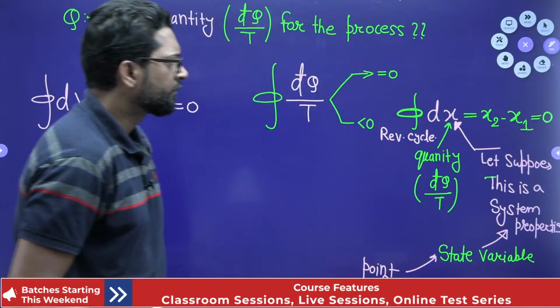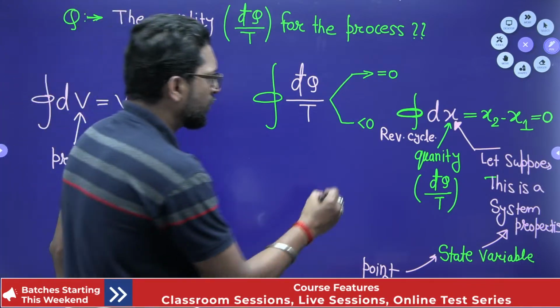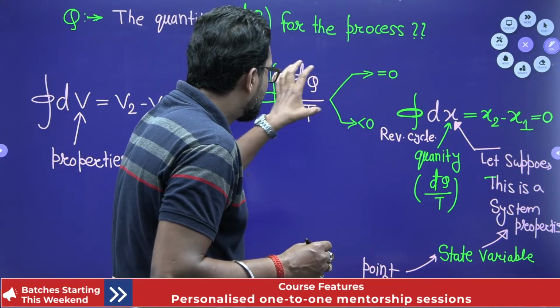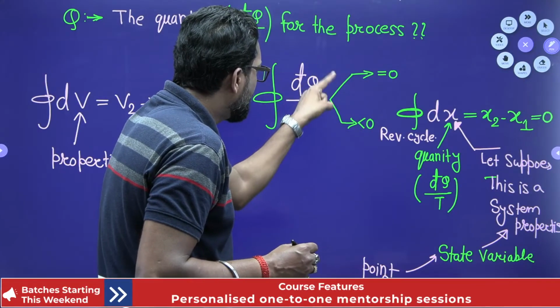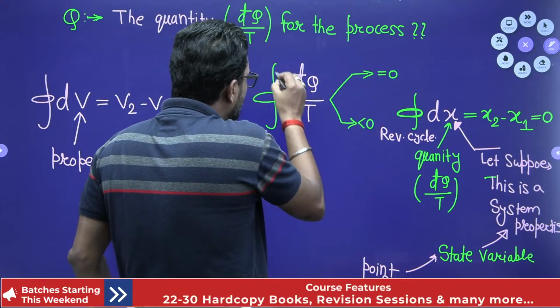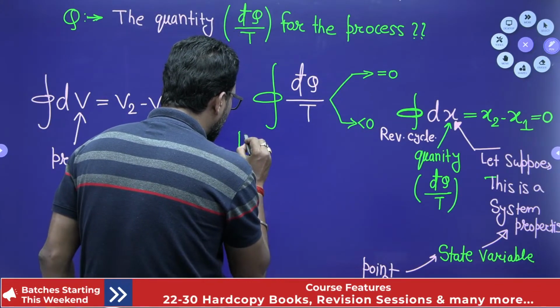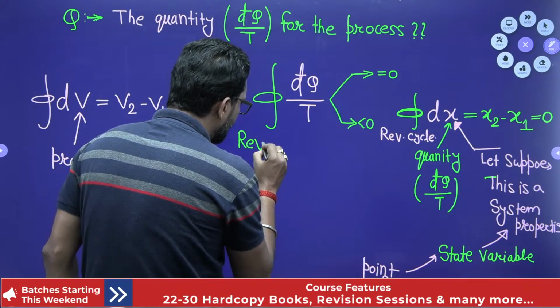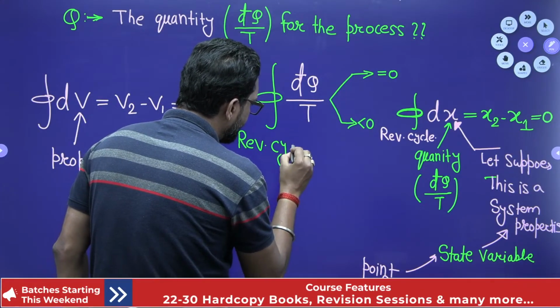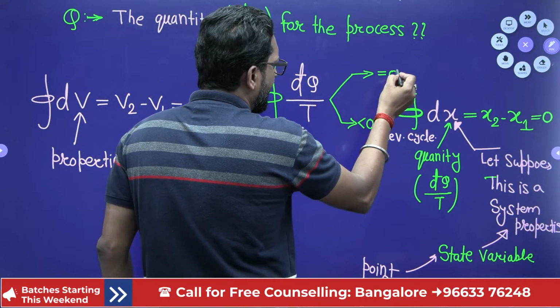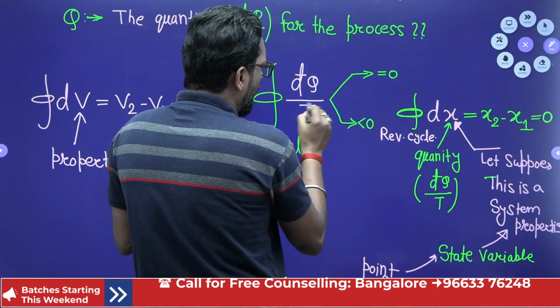Yes or not? The quantity is equal to 0 during a cycle when there is a reversible cycle.